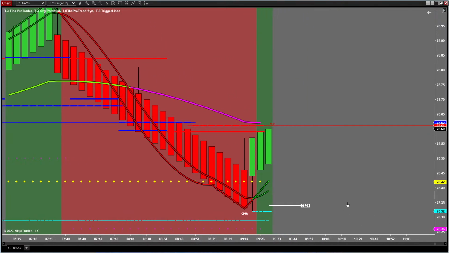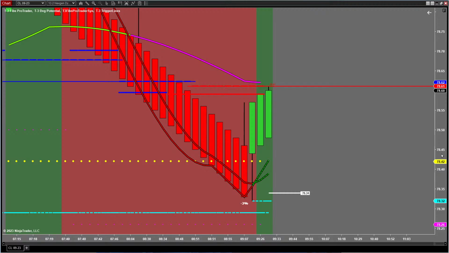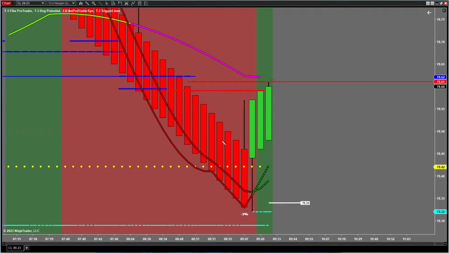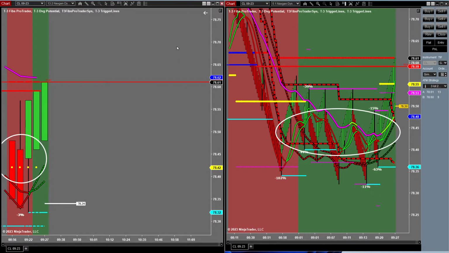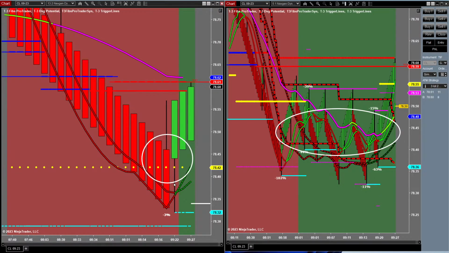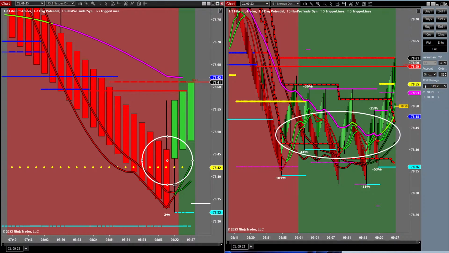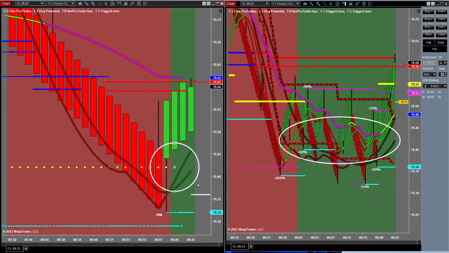And as I was saying, since the bodies of the bars over here were getting above the small triggers, this is where the small chart has a lot more sway on what happens whenever the price bars are on the wrong side and they start to weaken. This is where you start looking at your small chart and you're like, this thing may not go down any further at the moment.